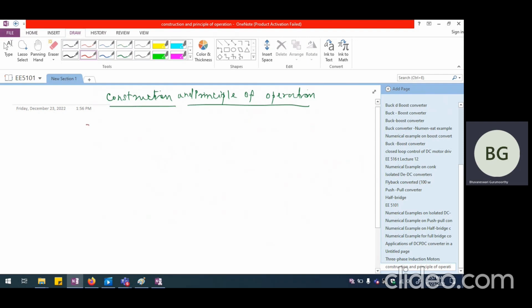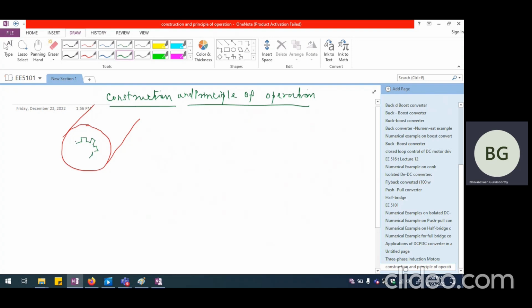So if this is my stator cross section, this is going to be the outer cylinder and the rotor is going to be the inner cylinder. In the inner cylinder, if this is the rotor, you may have slots carved at the outer periphery of the cylinder.